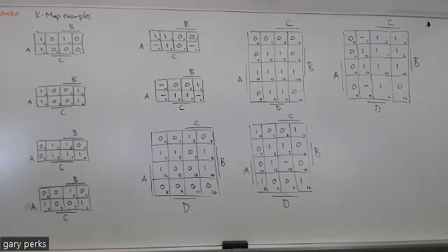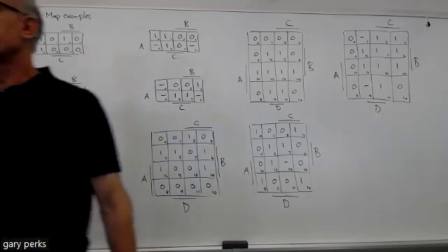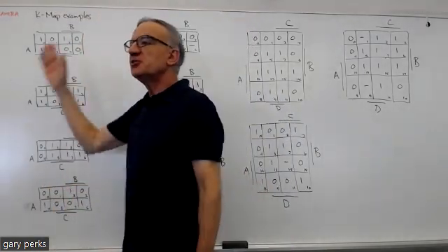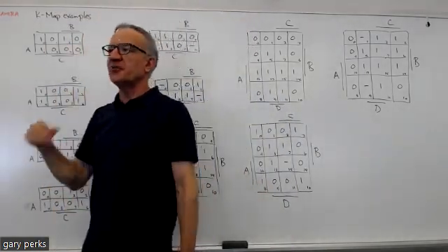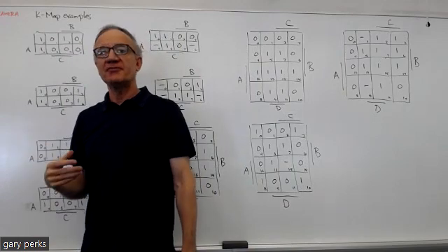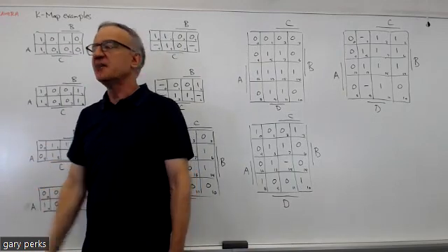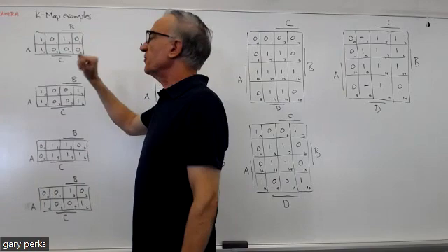So when you write an expression where you took the ones, what do you put? You put this equals and you have an expression. Yeah, right. But if I group zeros, it's going to be not F. So if we want to get the reduced expression for F, we group ones. If we want to get the reduced expression for not F, we group zeros. But we're going to group ones to start.